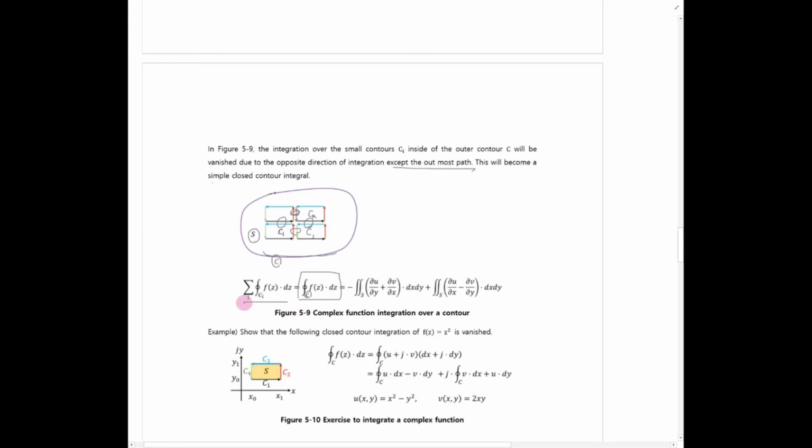So by summing up small segments as we have done here, that is one small segment. Summing each segment will give this one, but each segment can be expressed the same as the area integrations. Each area integration is summed up, then the whole area will be covered.